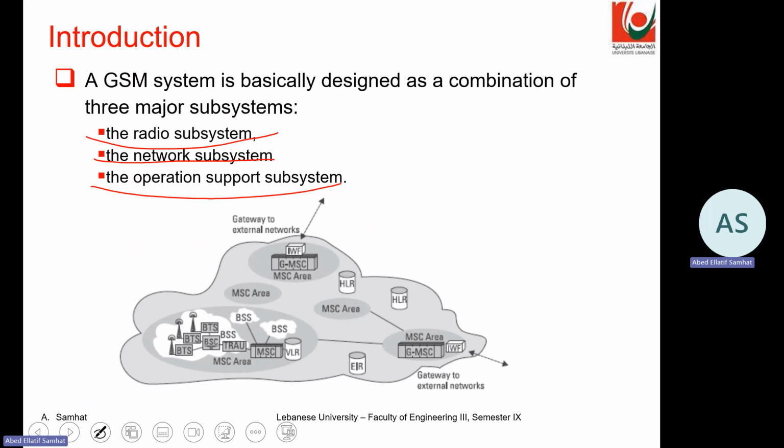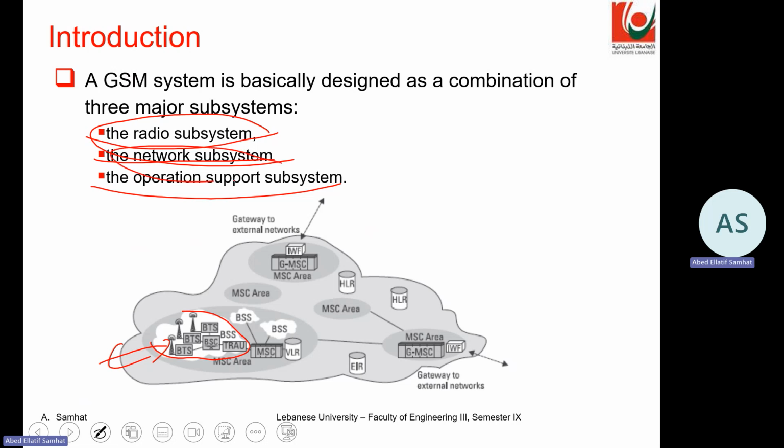So for example, if we want to see the radio subsystem, what's inside the radio subsystem? This is an example of the radio subsystem. We will see here the base station, and all parts related to the features that allow the mobile device to connect to the base station over the radio interface.